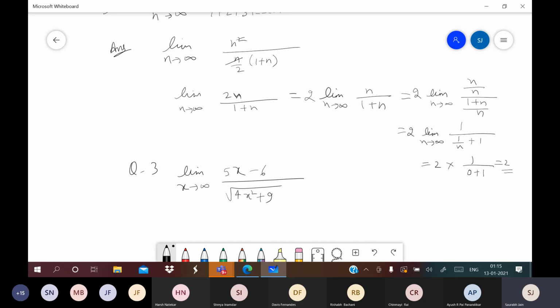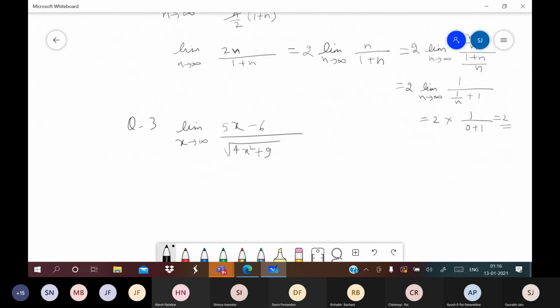Can anyone tell me what is that number by which we have to divide this, or the term, whatever? By x. Very good. Not by x square but by x.